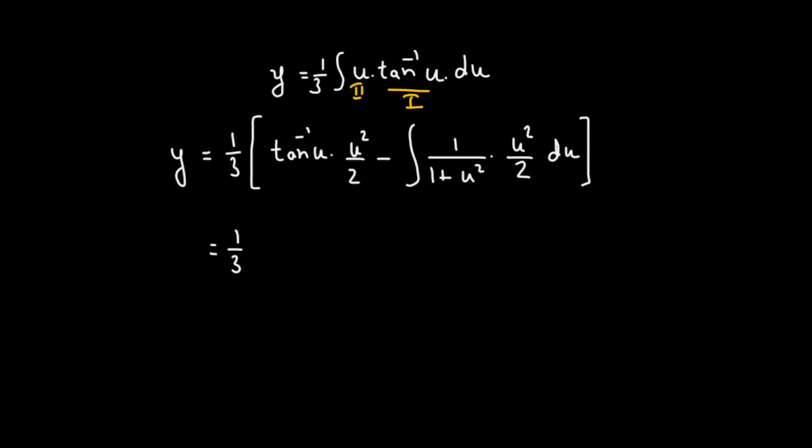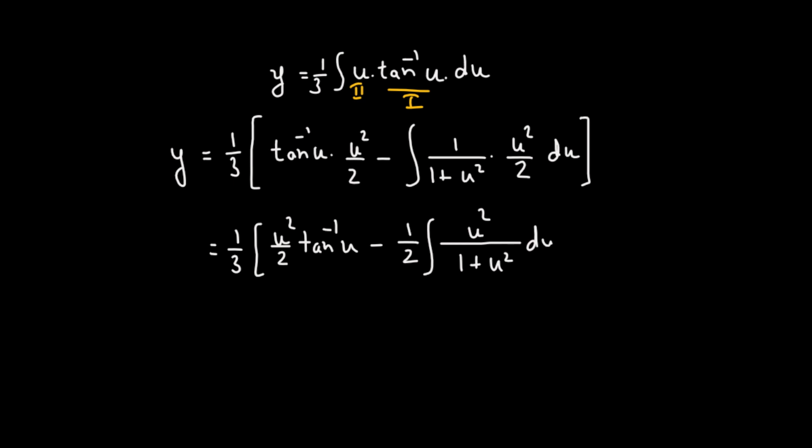That gives us 1/3 of u squared over 2 times tangent inverse of u, minus half times the integral of u squared over 1 plus u squared du.